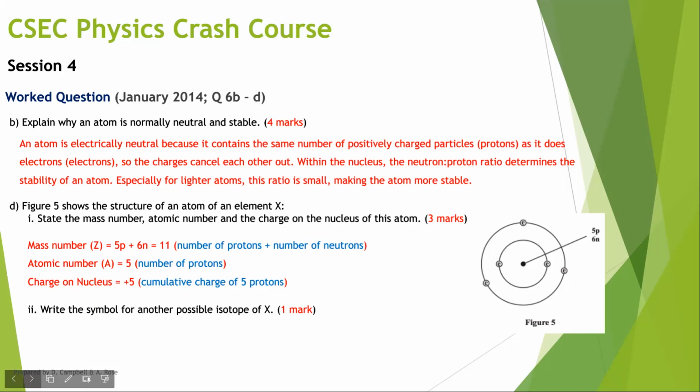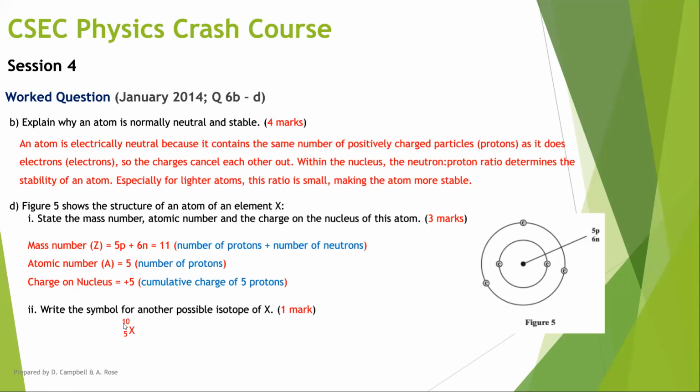And you're asked to write the symbol for another possible isotope of X. Generally, you could write almost any combination of mass number and atomic number, as long as the atomic number remains at 5. You could have, say, a mass number of maybe 10 or 12. You would just write X for the chemical symbol, ensure that the atomic number is the same, and you have 10 here.